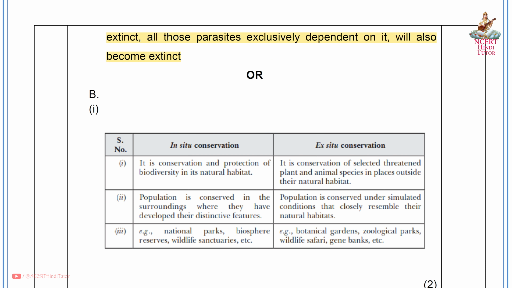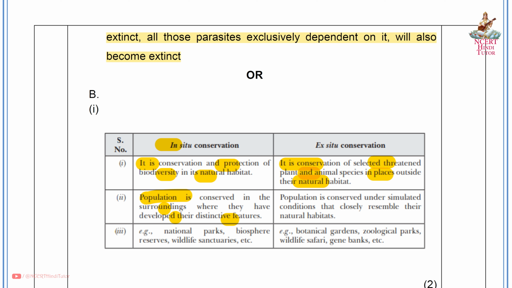Answer: In situ conservation. It is the conservation and protection of biodiversity in its natural habitat. Ex situ conservation. It is conservation of selected threatened plant and animal species in places outside their natural habitat. In situ conservation: population is conserved in the surroundings where they have developed their distinctive features.